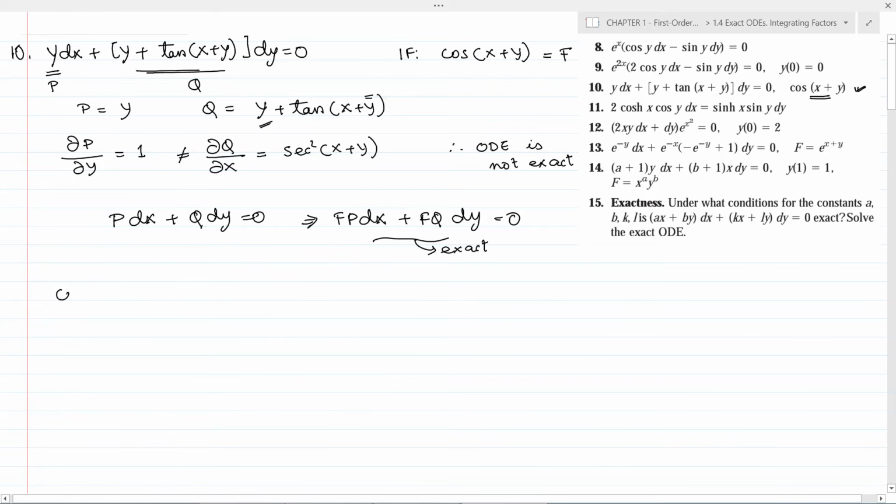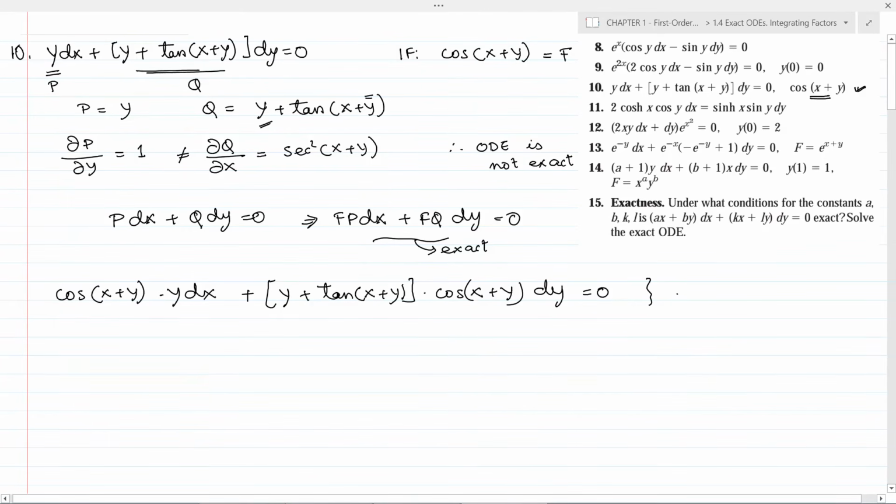We get cos(x plus y) multiplied by y dx plus (y plus tan(x plus y)) whole into cos(x plus y) dy equal to 0. This we get after multiplying the integrating factor.